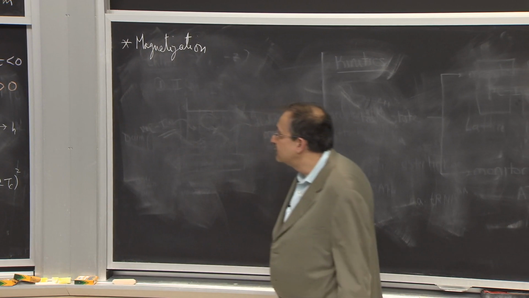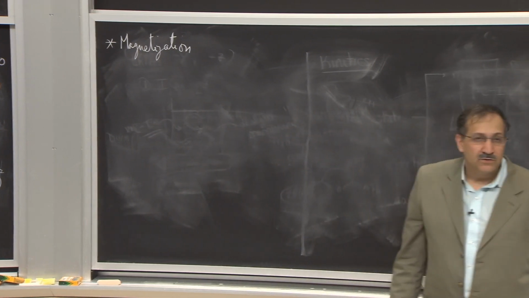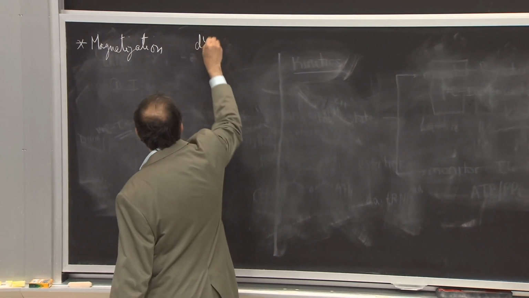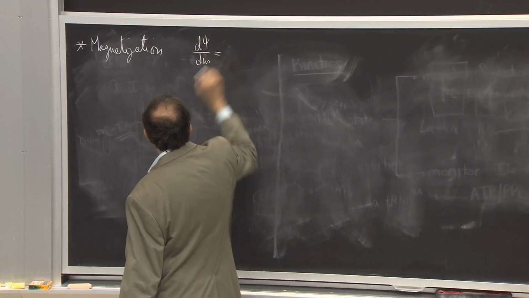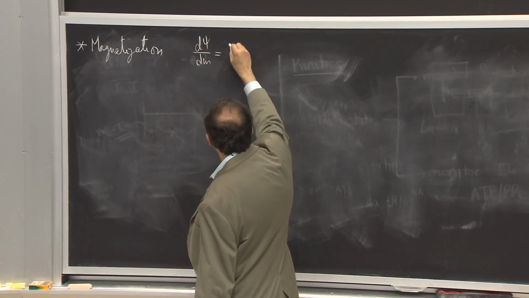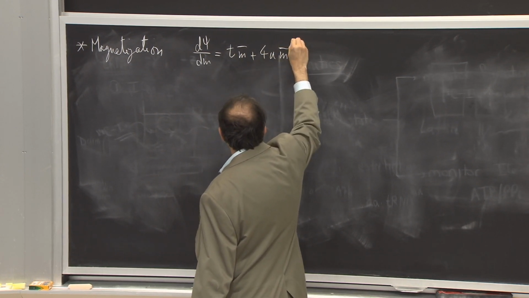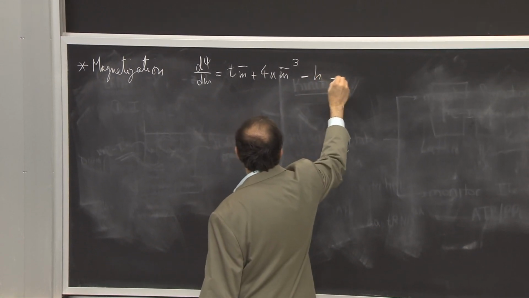Okay. So if I do the extremization of this, I have to have dψ by dm equals to 0. dψ by dm is t m bar plus 4u m bar cubed minus h.